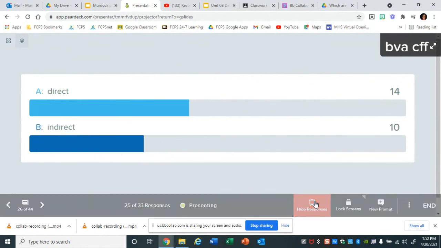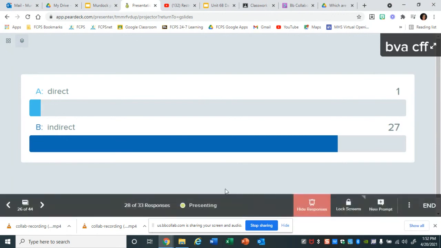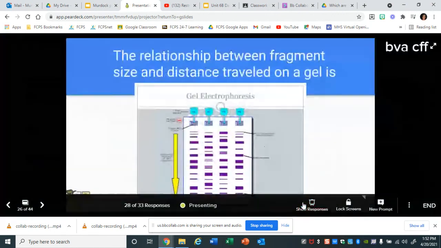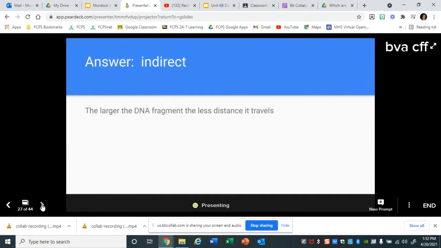Yes, it's indirect, meaning the larger the fragment, the shorter the distance it's going to go. That should make sense, right? That the larger the fragment, the more difficulty it's going to have making its way through the agarose gel, and that's exactly what happens. And that allows the shorter fragments to go further and the longer ones to not go as far, and that creates the pattern that allows you to do some analysis. So it's an indirect relationship. The longer fragments go less far. The larger the DNA fragment, the less distance it travels.